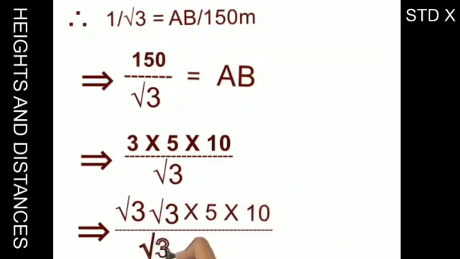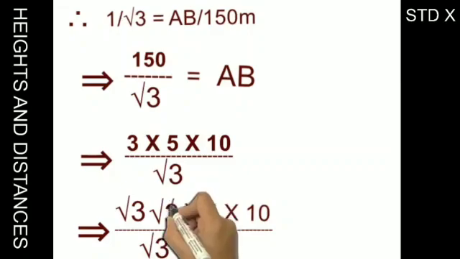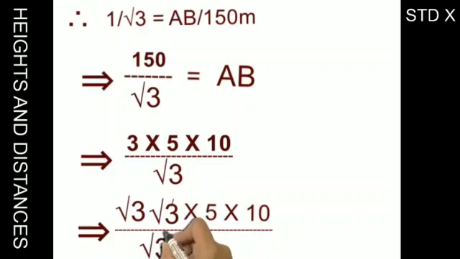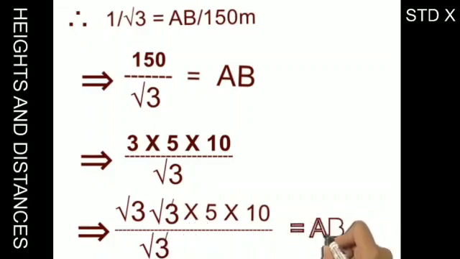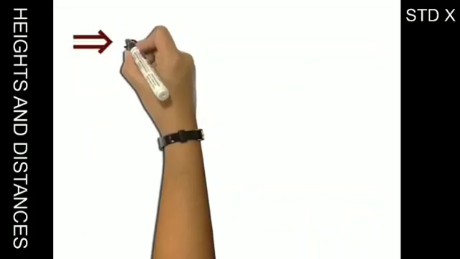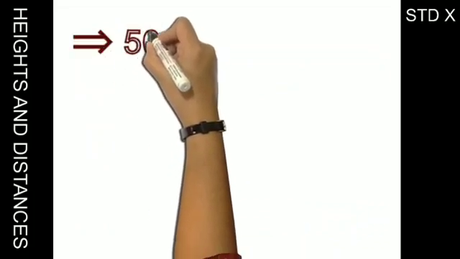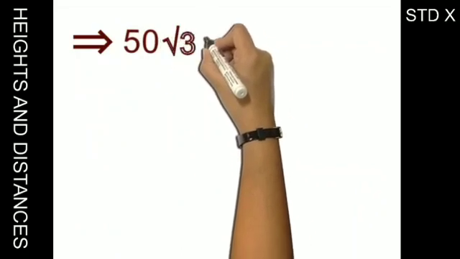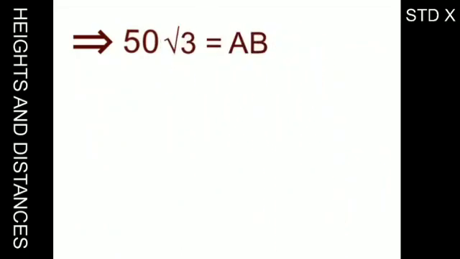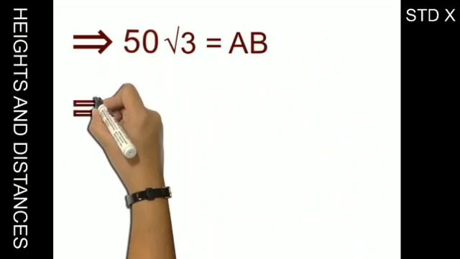So root 3 into root 3 into 50 by root 3. Now one root 3 we can cancel from here. We will cancel one root 3 with one root 3. So what will be left? Root 3 into 50, as you can see here. So AB equals 50 root 3. And we all know the value of root 3. Tell me. Root 3 equals 1.732.